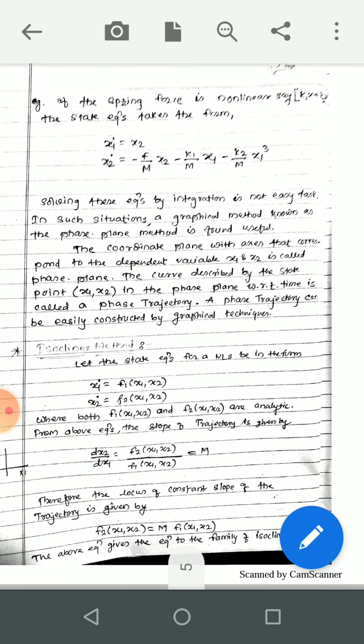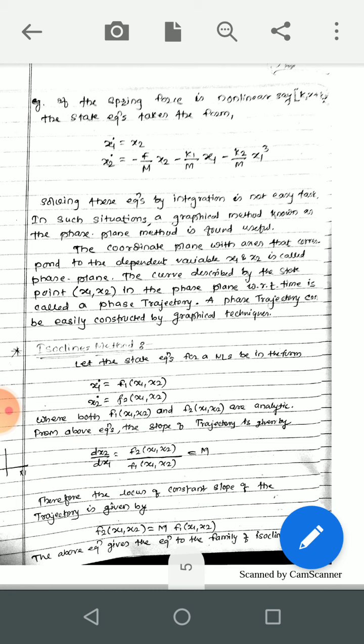A phase trajectory can be easily constructed by graphical techniques. So in the phase plane method there are three different methods: the analytical method, the second one is the graphical method, which is also called the isocline method, and the third one is the delta method. So let us see the isocline method.